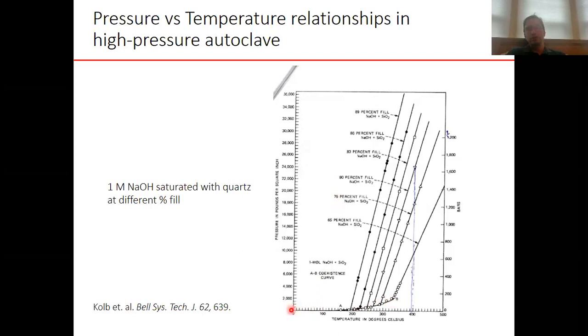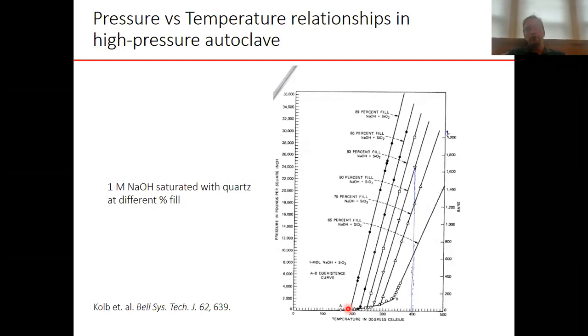Initially, for all the fill rates, the pressure only increases very slowly. That is because the pressure in the autoclave is basically only a function of the vapor pressure of the water. However, due to thermal expansion, the autoclave gets fuller and fuller with liquid water as you increase the temperature.